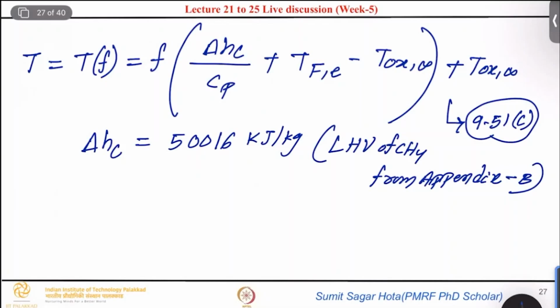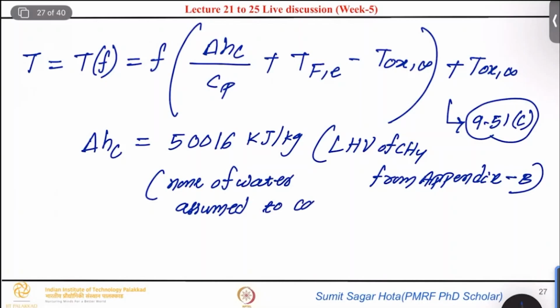Because here we are assuming that none of the water is assumed to condense. This is the condition for the lower heating value. That's the reason why we have taken it.